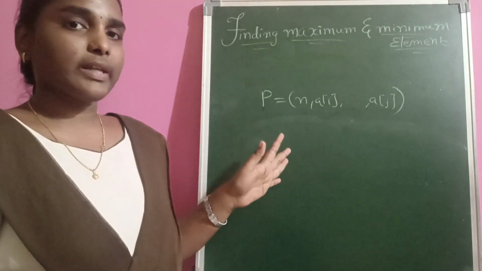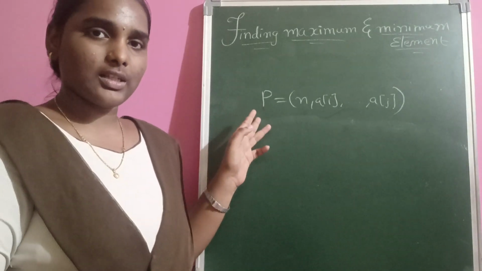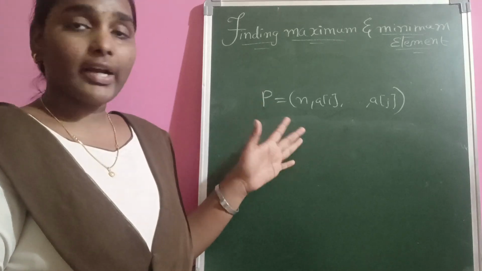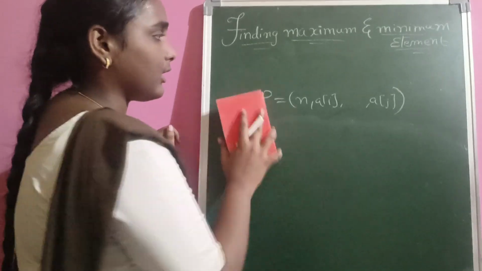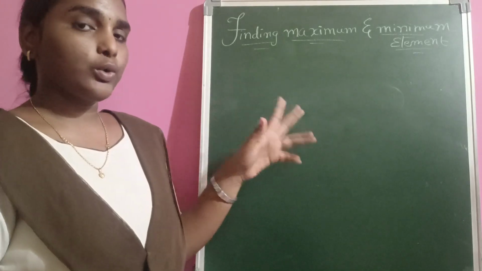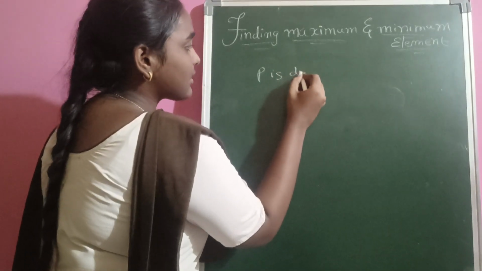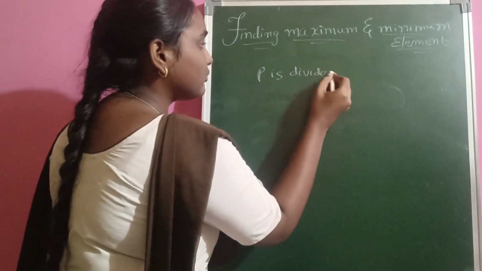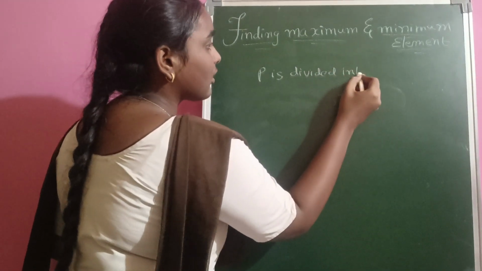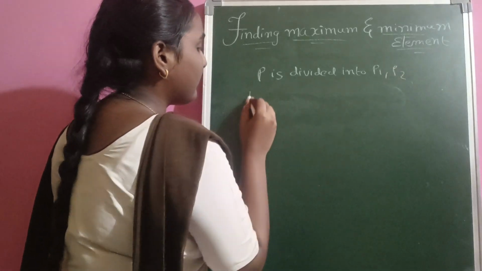Suppose the problem is big. In this case, we can divide the problem into two instances by the divide and conquer technique. Suppose I am dividing the problem P into two parts, P1 and P2.